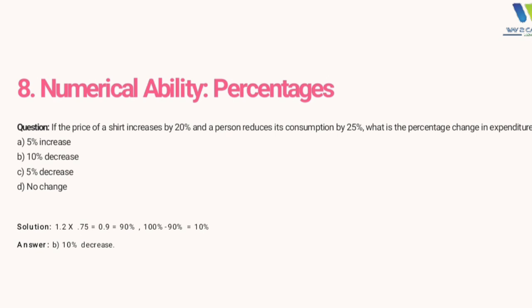That is the rule. So in the first case, it has increased 20%, that is 1.2. In the second case, it has decreased 25%, that is 0.75. If you multiply 1.2 by 0.75 directly, it will be 0.9.